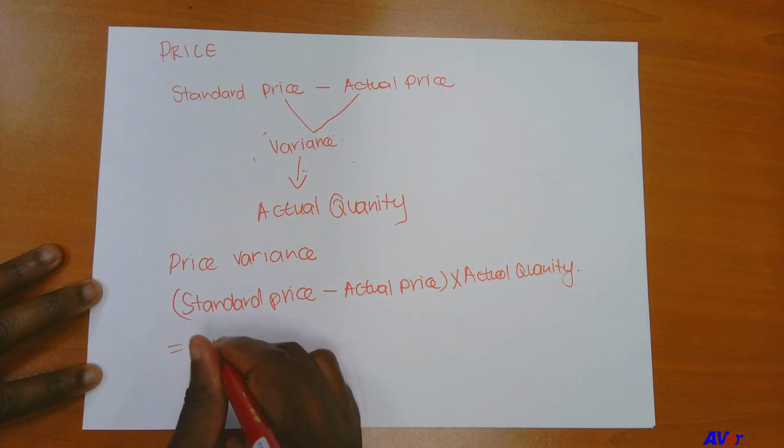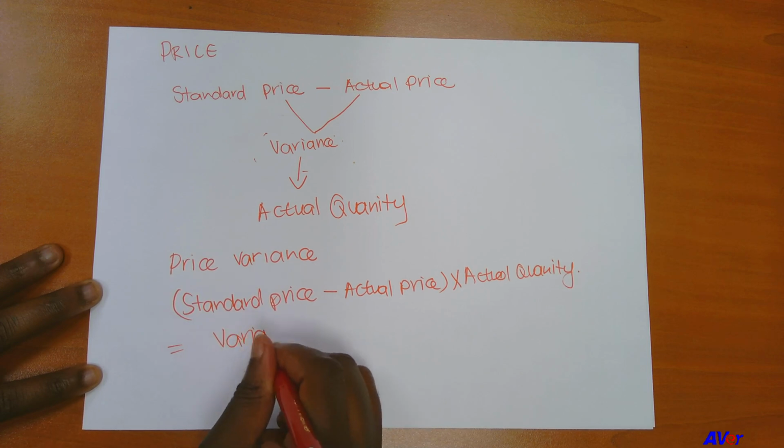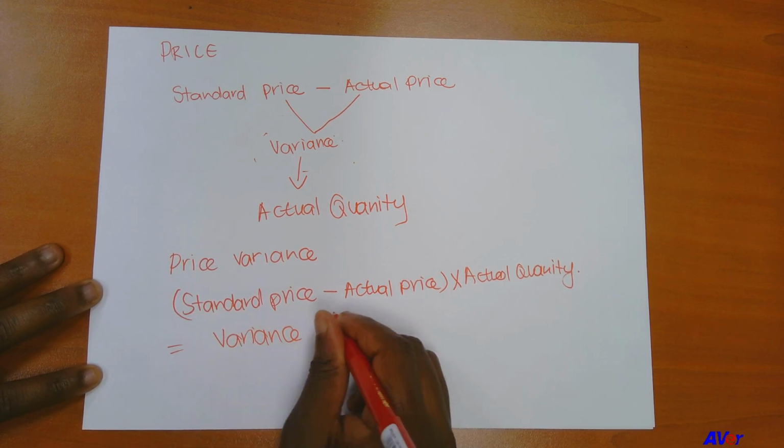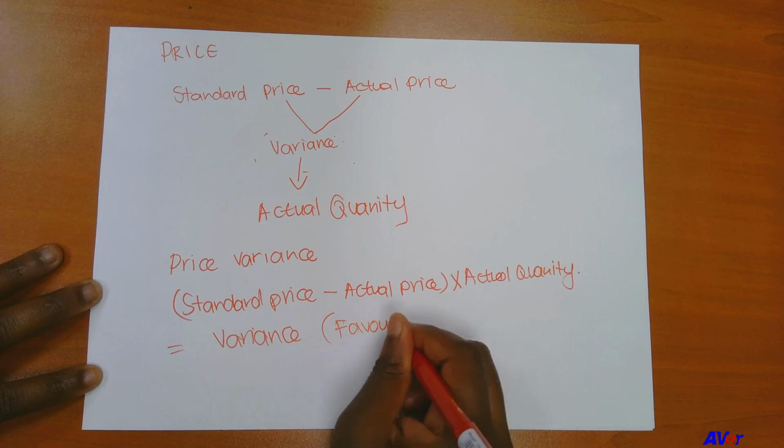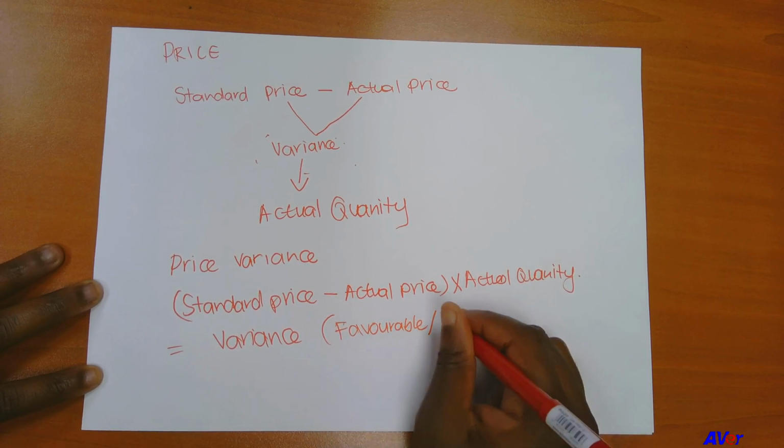With that, I get a variance that can actually be used, but I need to specify if my variance is favorable or unfavorable.